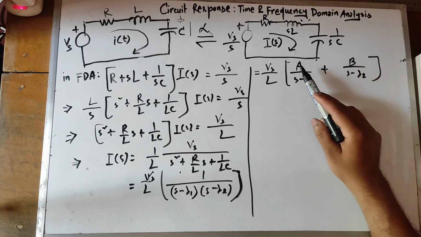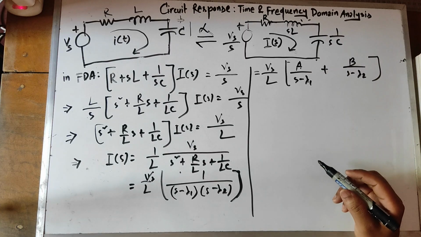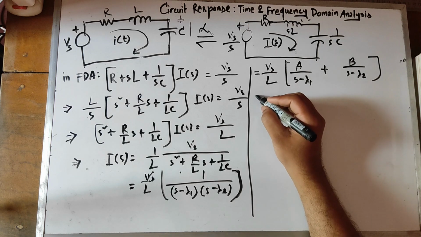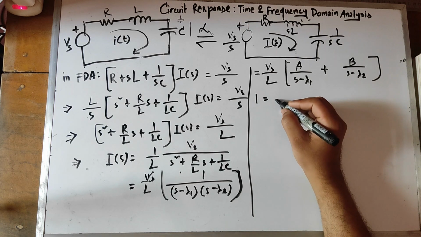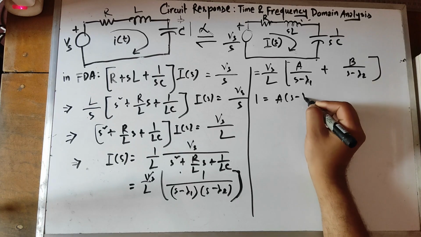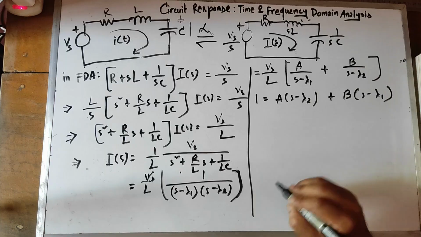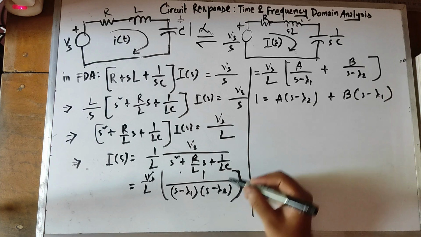So I have to find A and B, which are unknown, the arbitrary constants. Let us find them. A times S minus lambda 2 plus B times S minus lambda 1 is equal to 1, which is this.